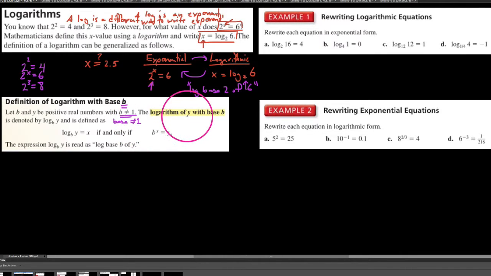The logarithm of y with base b is denoted log base b of y, and we would read it as log base b of y. It's defined as follows: log base b of y is equal to x if and only if b to the x power equals y.